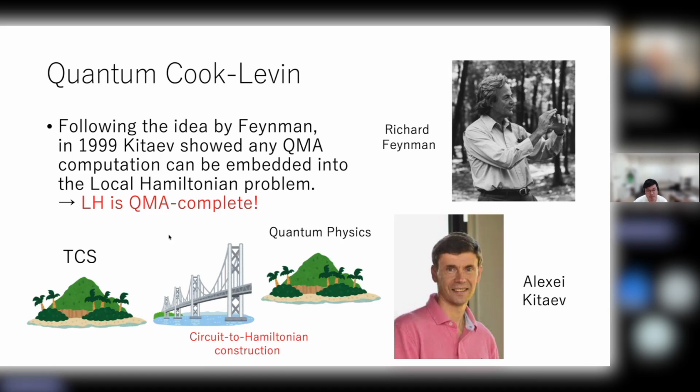The Cook-Levin theorem is the heart of TCS, and estimating the ground state energy of a quantum many-body system is one of the most important computational tasks in quantum physics. So the circuit Hamiltonian construction really connects the two fields, and that's why it's important, especially for quantum information processing.